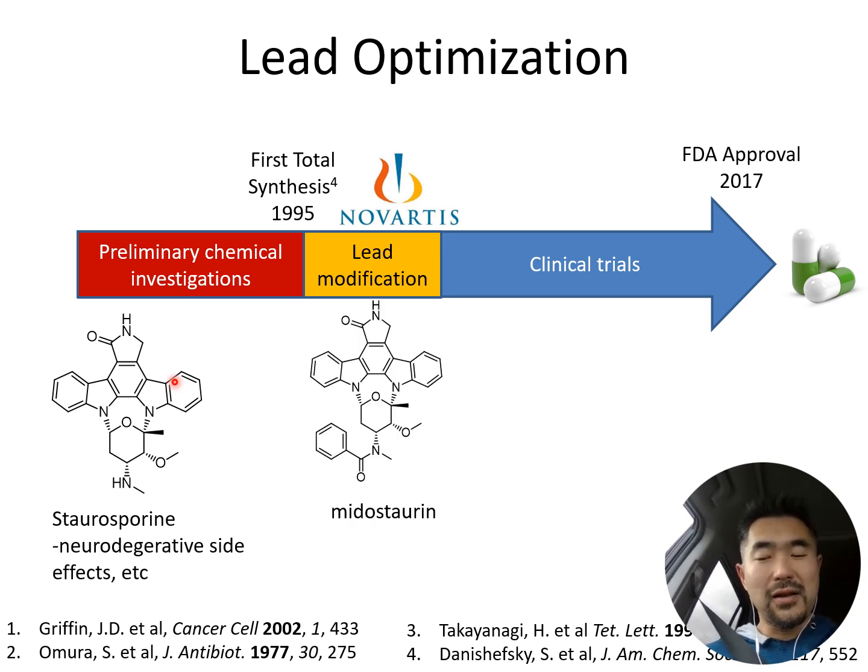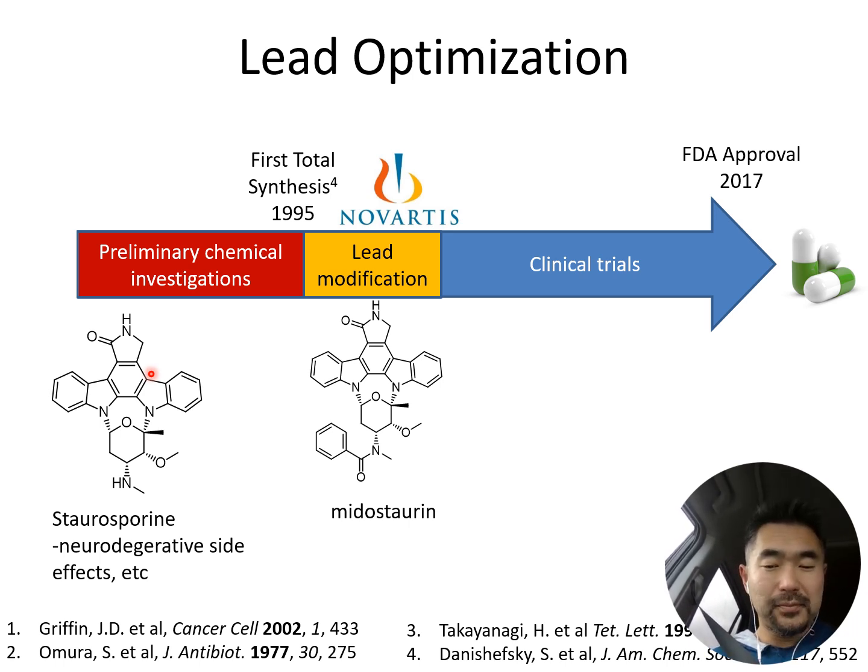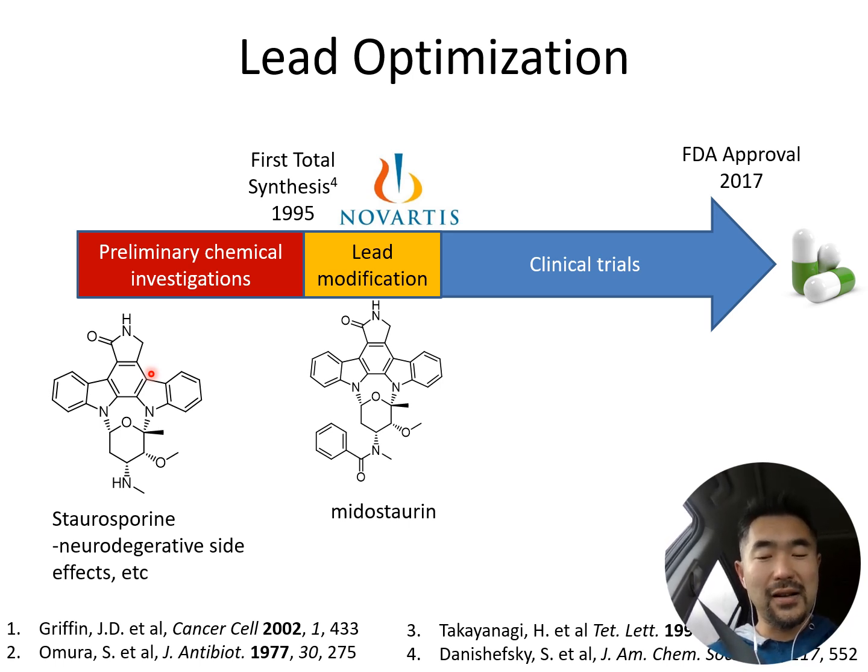But one thing they noticed is that the parent compound staurosporine, as promising as the pharmacodynamic properties were, for the most part had some major side effects. I believe that was discovered in the animal study.